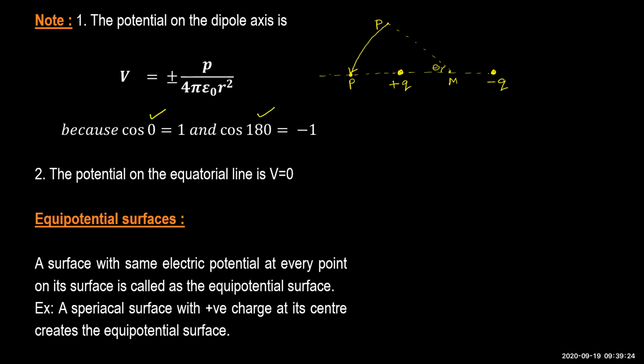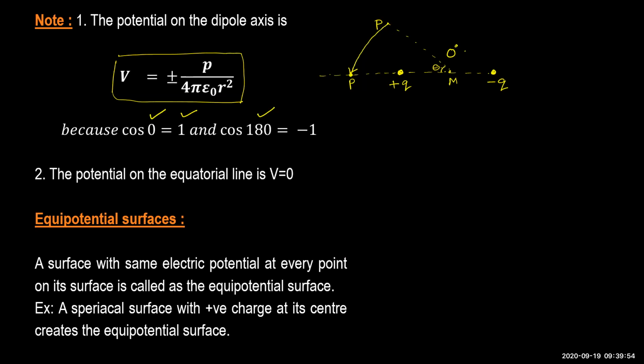The angle between the line joining P with center and the dipole axis becomes 0. Therefore, whenever the angle becomes 0, we know that cos 0 is 1, and hence the potential will be maximum. So V is equal to P divided by 4 pi epsilon naught R square.